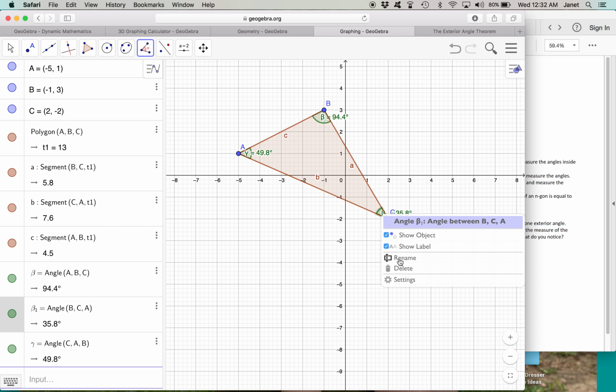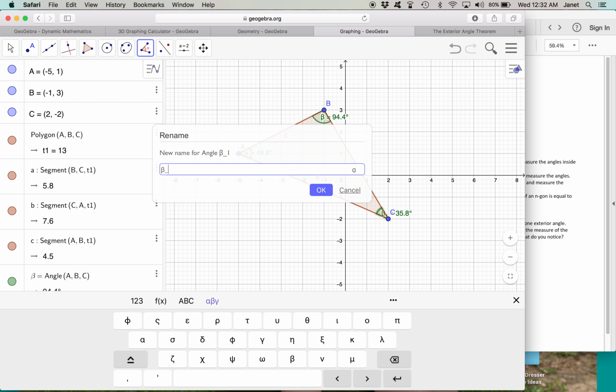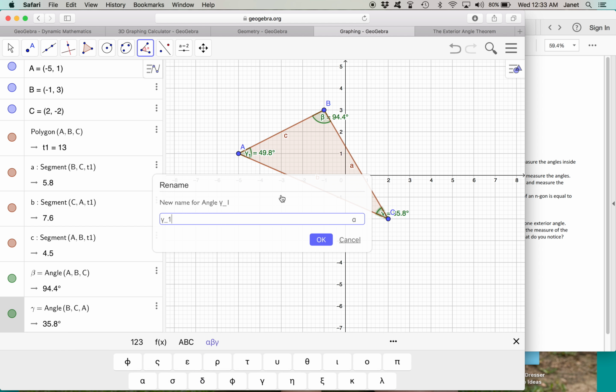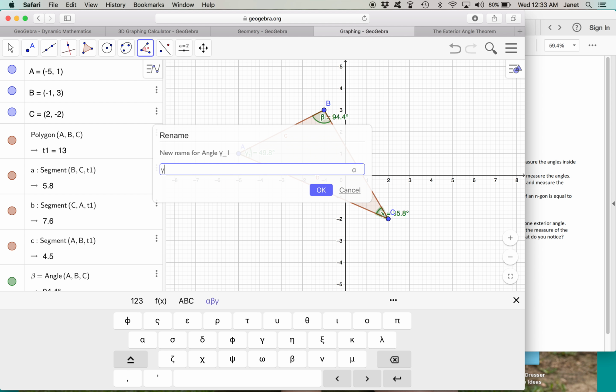Right click, rename. And instead of beta 1, we're going to rename this gamma. Usually use gamma with C, beta with B, and alpha with A. And we're going to rename this one now. And this one we're going to rename alpha, which is right here.